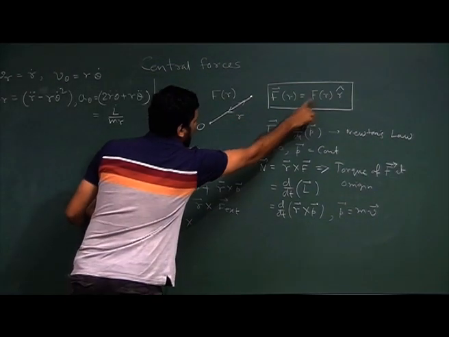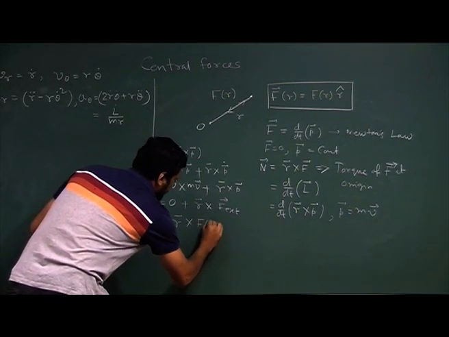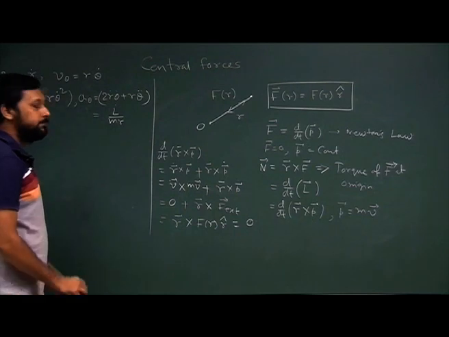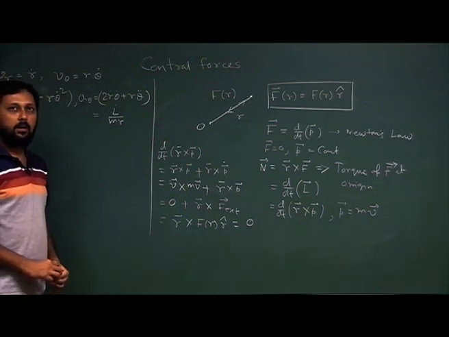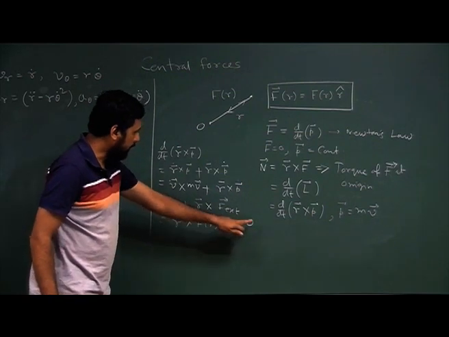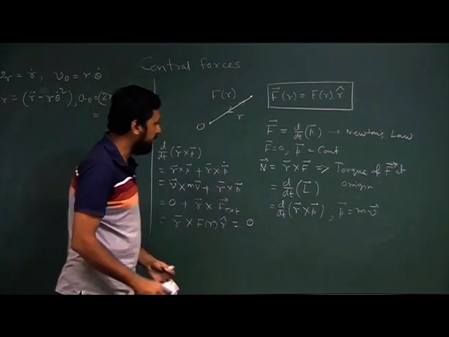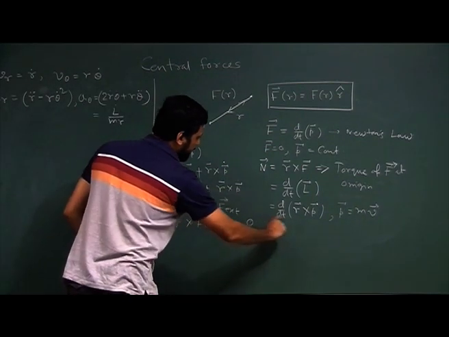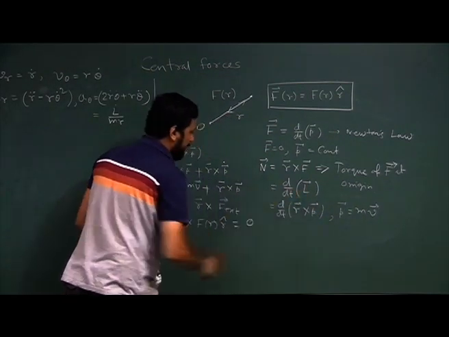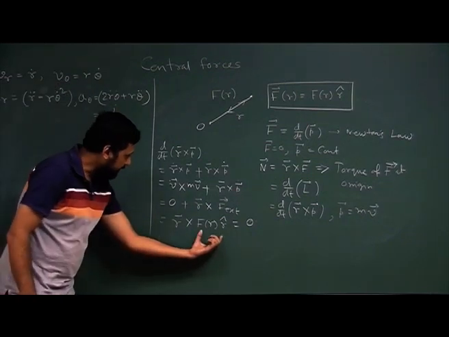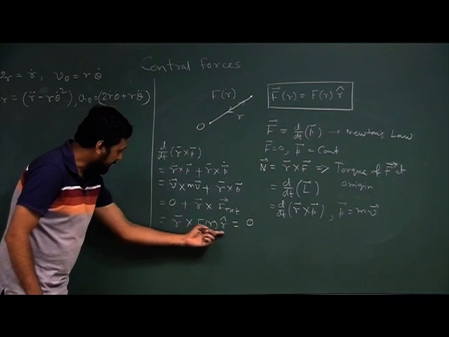Now, using this form, which is once again equal to 0. So, the right hand side of this equation will always vanish, which essentially means the time derivative of this angular momentum will always vanish for a central force, because we have this particular form of the force which is along r.